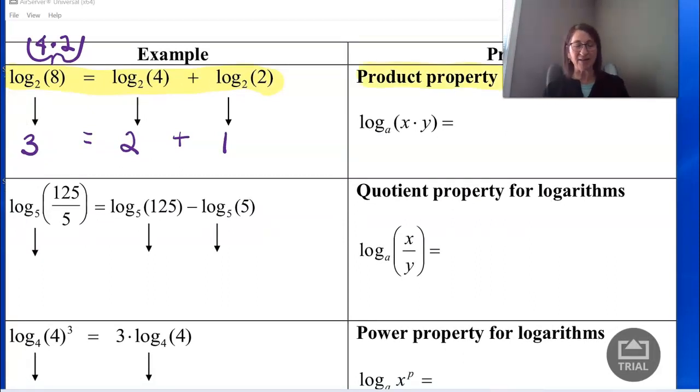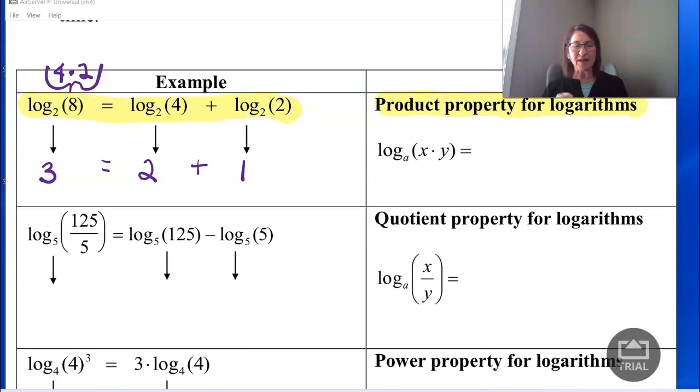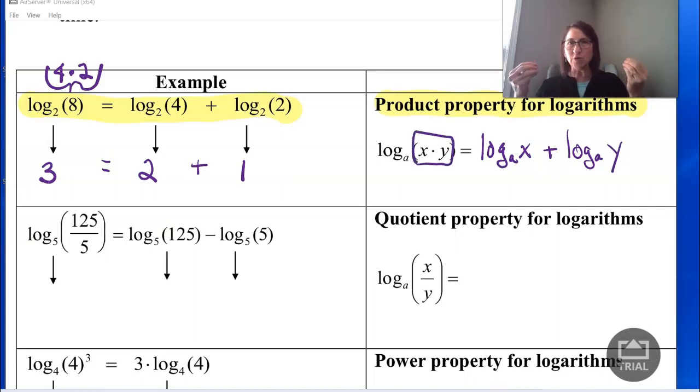The product property for logarithms tells us that if we have log base a of x times y, then we've got log base a of x plus log base a of y. We take those two factors, we create two logs in which we add those logs together, and they have the same base as our original log.